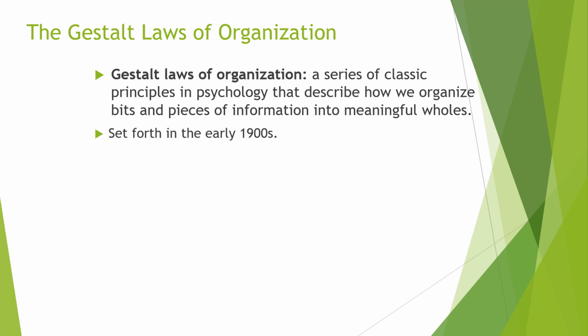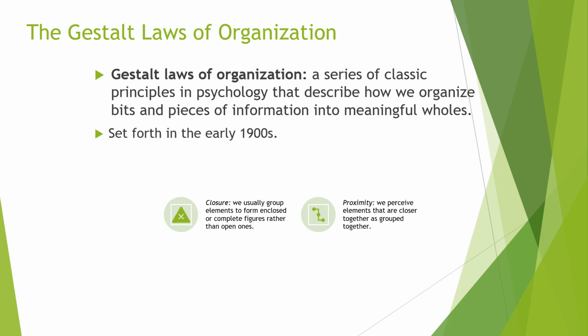And so 2 of these Gestalt laws, one is closure, and that is where we usually group elements to form enclosed or complete figures rather than open ones. So if you've ever done a connect the dots, right? You may be able to tell what the object is before you even connected the dots.